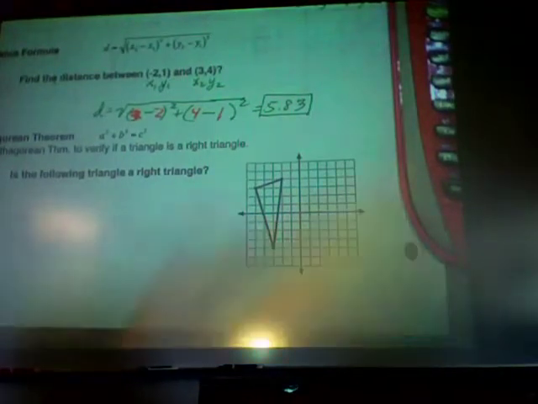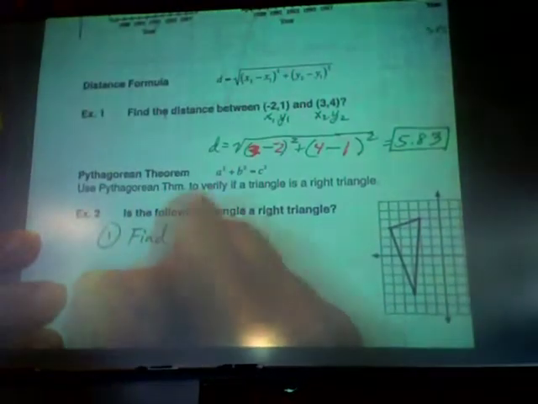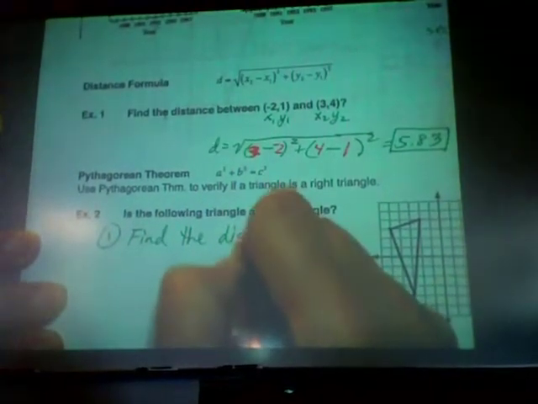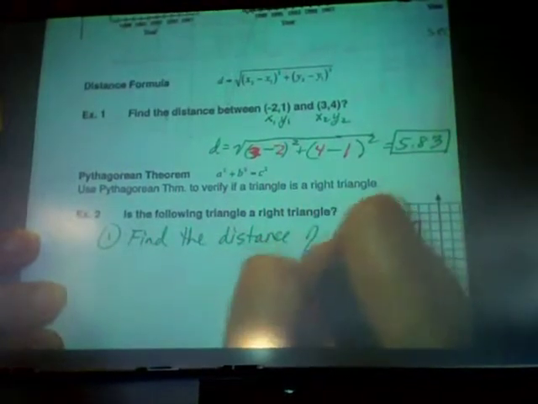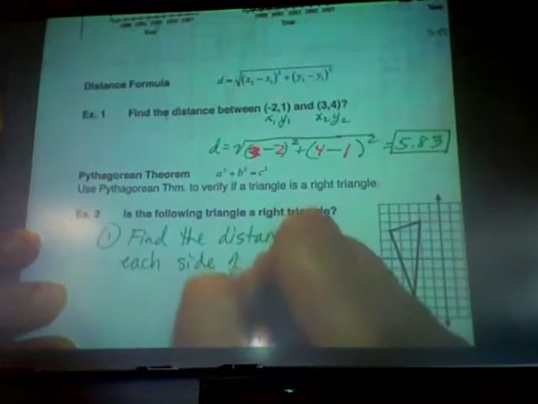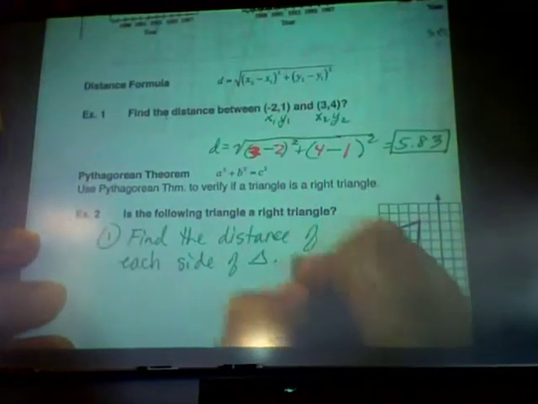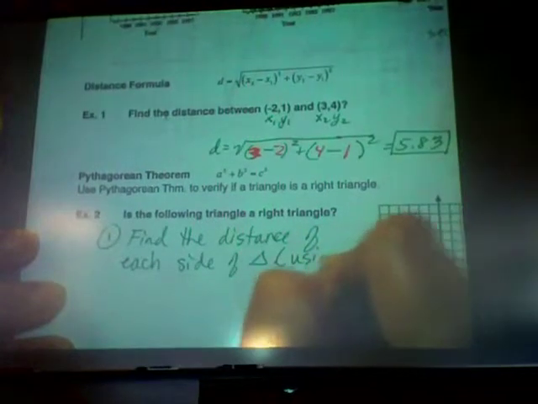So write yourself notes here. We're not going to do it on this one, but number 1, you're going to find the distance of each side of the triangle. And that would be using the distance formula, right?